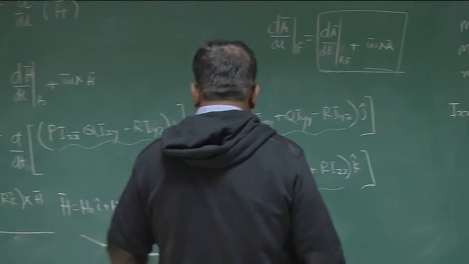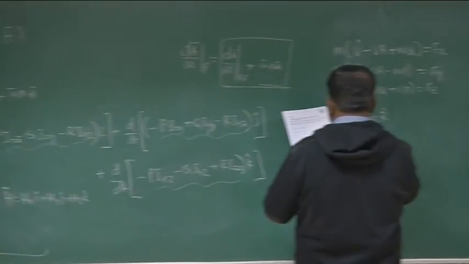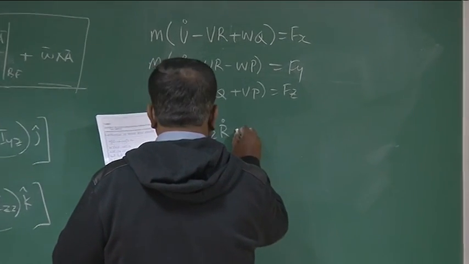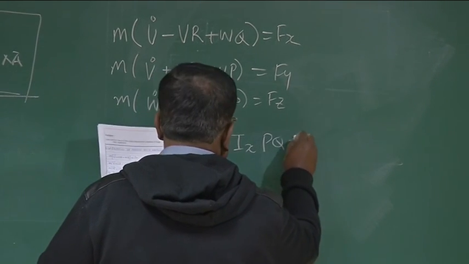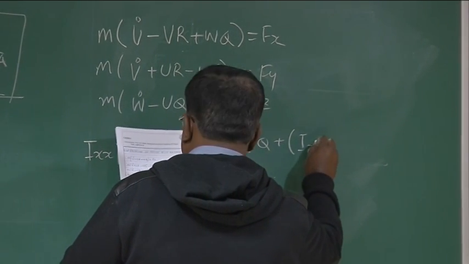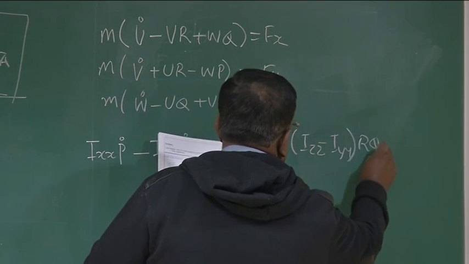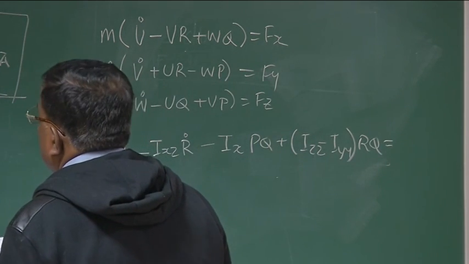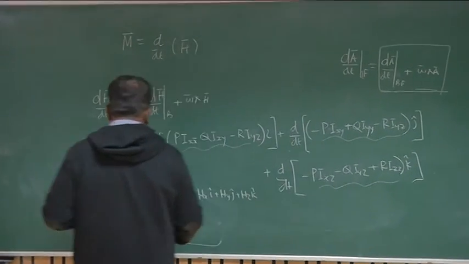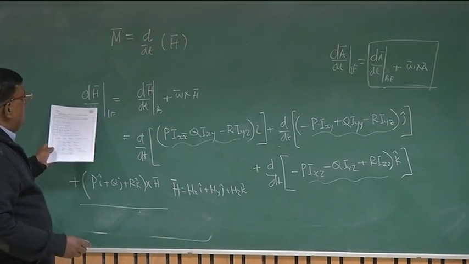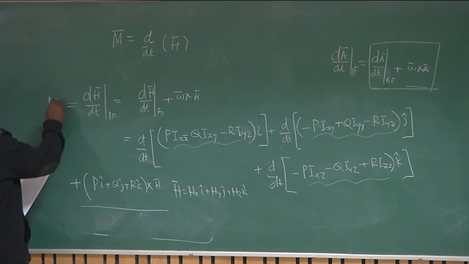So we have seen this fx, fy, fz came from one set of equations, and when you do this whole operation, you will get an equation like this: ixx p dot minus ixz r dot minus ixz pq plus izz minus iyy rq, and that will be equal to the component of moment, because remember, this is the rate of change of angular momentum, and that is equal to the moment, okay?